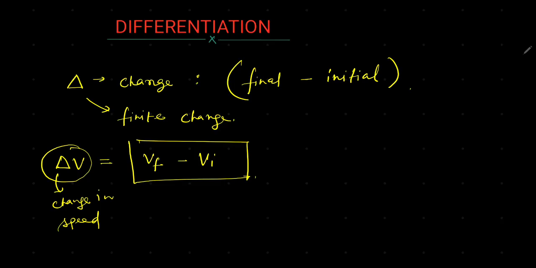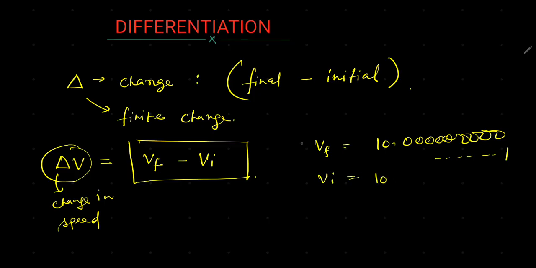So the point is that when I am using delta for the change, it means that the change must be finite. It shouldn't be so small that we cannot calculate it or imagine it. It is an extremely low situation which you can't imagine. Like if I'm saying that final velocity is 10.0000000 and too many times 0, it's not finishing, then 1, and initial velocity is only 10, right?